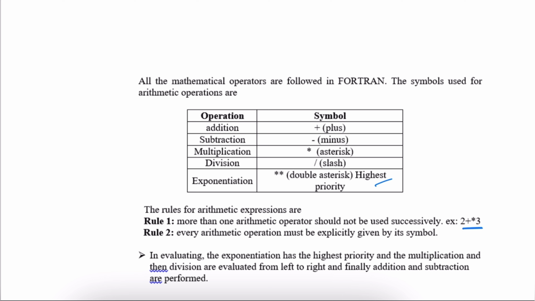And every arithmetic operation must be explicitly given by its symbol. In evaluating any expression in Fortran, exponential has the highest priority, then multiplication and division are evaluated from left to right, and finally addition and subtraction are performed.